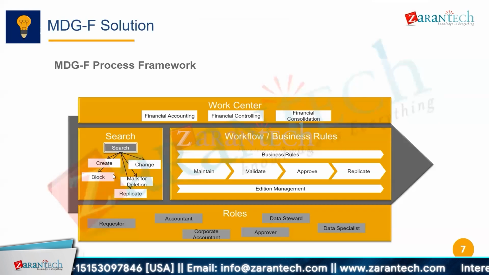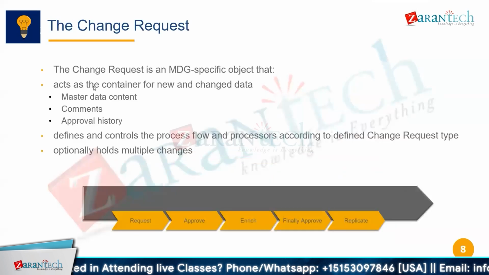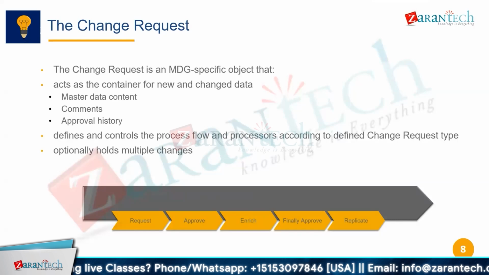Here also you will have create, change, mark for deletion, replication block wherever it is required. You will be creating a GL account, a cost center, profit center, internal order, etc. And the roles also, you will have an approval process: a requester, data steward, data specialist, and approver, etc. So it is common everywhere. And the change request is also common, but the validity is there.